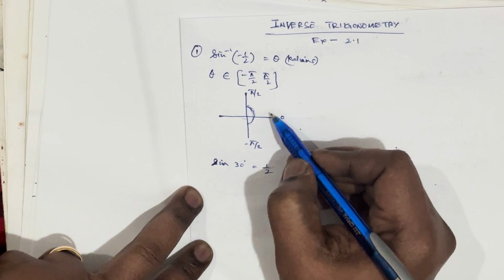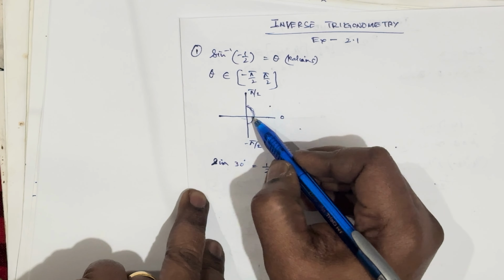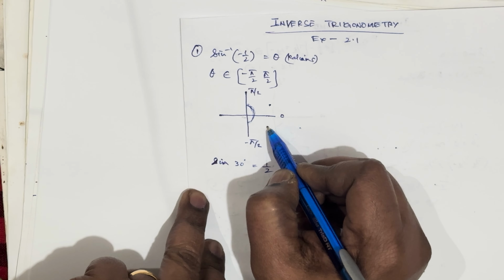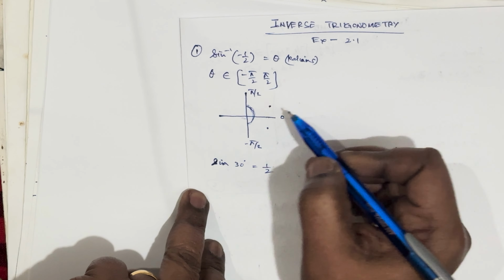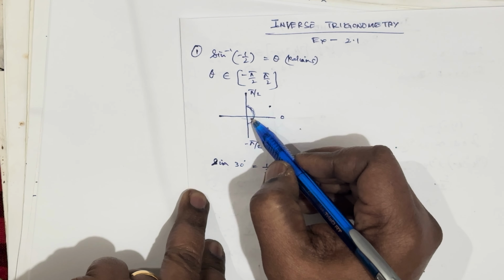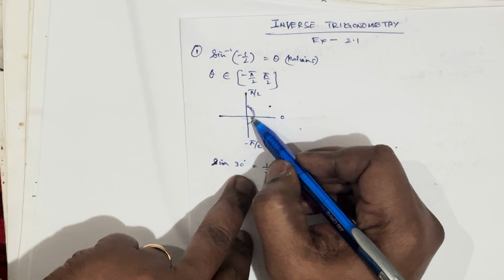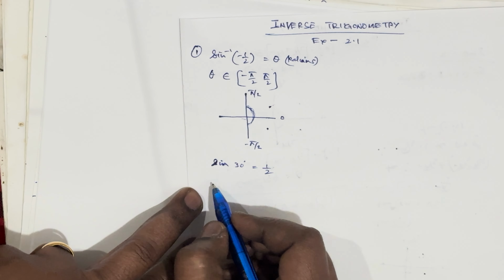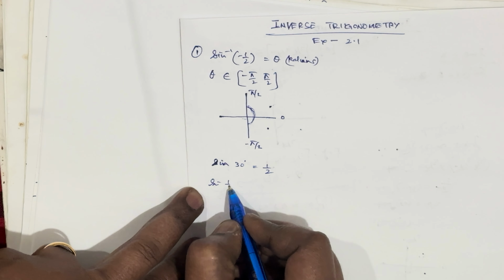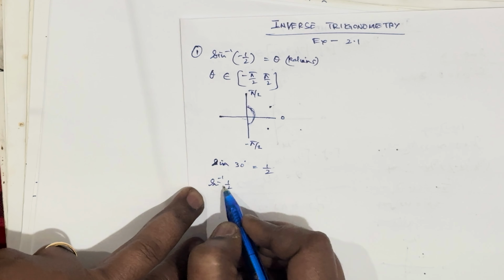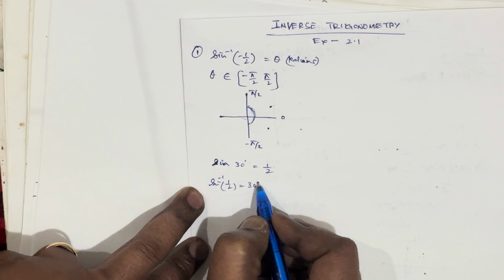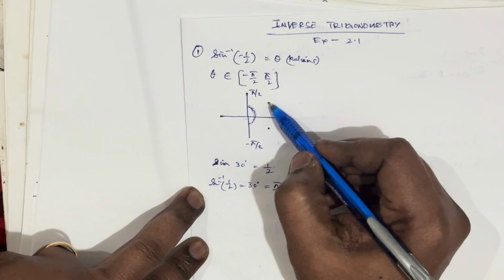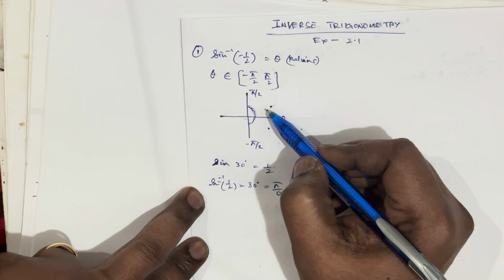Now here in the first quadrant, if you see, sine is positive, and it's negative here in the second quadrant. So the value of the sine will be positive here in the first quadrant. So we can write sine inverse 1 by 2 is equal to 30 degree, which is equal to pi by 6, and this belongs to the first quadrant because sine is positive here.